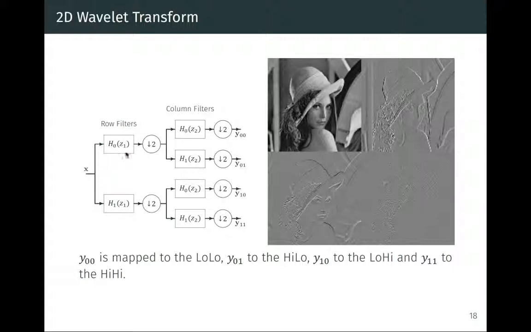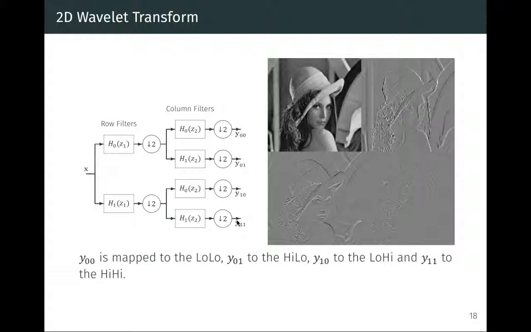And you still have your 2 filters, the low pass H0 and H1, downsample, and then you're going to look at the columns of these results and apply the same filters along these columns. So here you had a function of Z1 for the first coordinate, and now it's a function of Z2. And then you do the same.